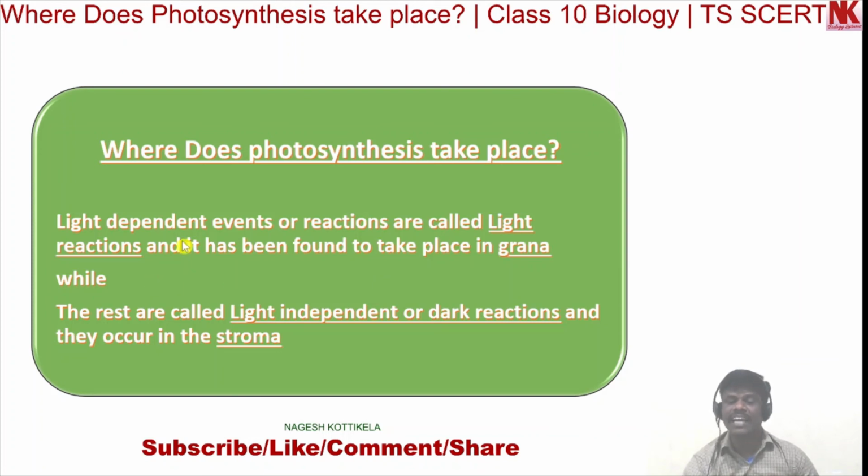That means light reactions occur in the grana part of the chloroplast. Grana are nothing but the stacks of thylakoid membranes, and they are the sites of light reactions or light dependent reactions. The rest of the reactions are called light independent or dark reactions, and they occur in the stroma, that is the fluid part of the chloroplast. So stroma is the site for light independent or dark reactions.